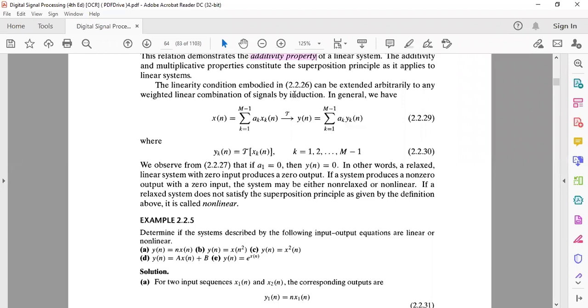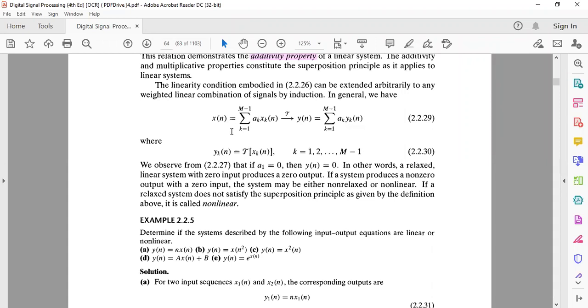So you can have a1, a2, a3, up to aM. If we take ak, where k is an integer, then you can take any values for this coefficient ak.